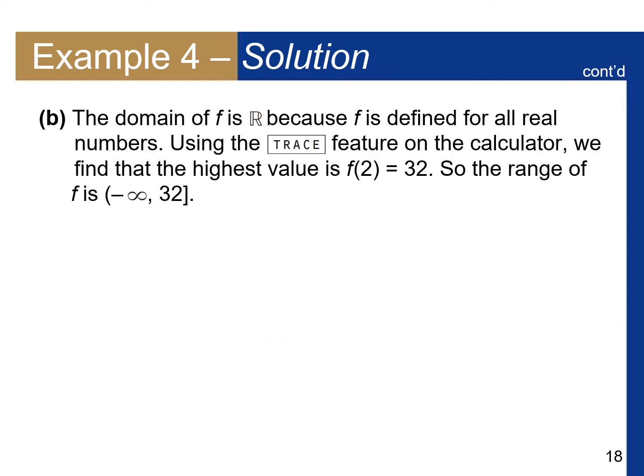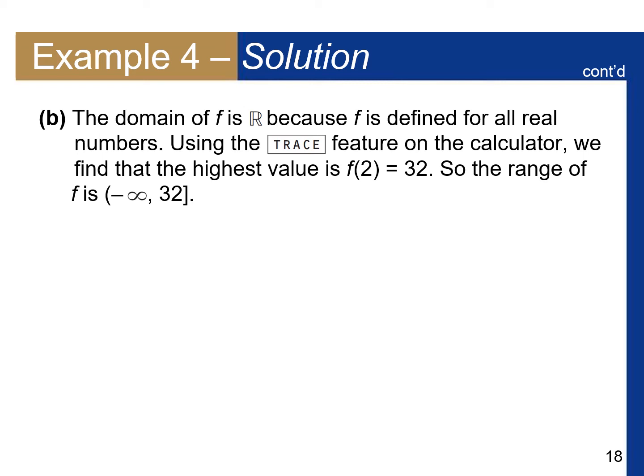Okay, so again, because it is a polynomial, they're saying polynomial right away gives it away that it's all real numbers for the domain, from negative infinity to positive infinity, which is what we said. Now, we said about 30 was going to be the high value. They suggest you use the trace feature on your calculator.